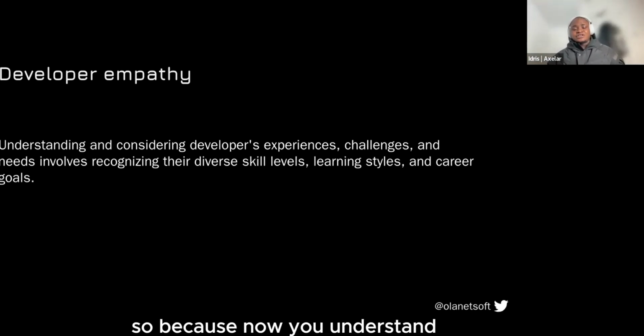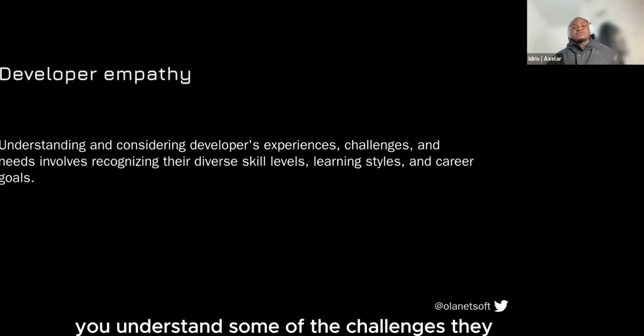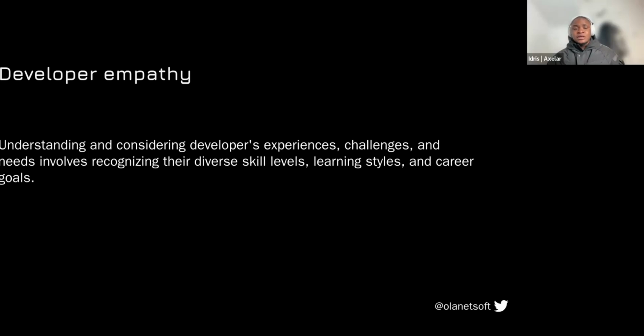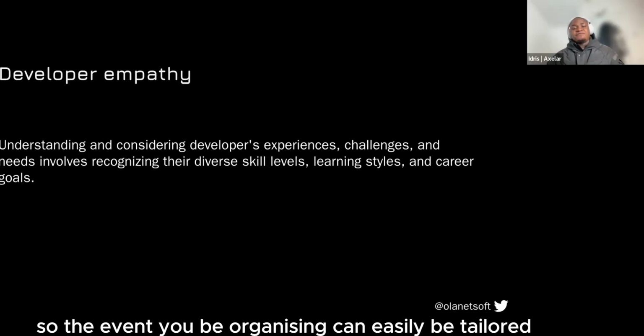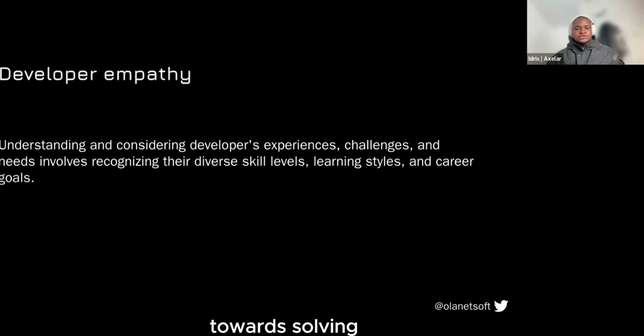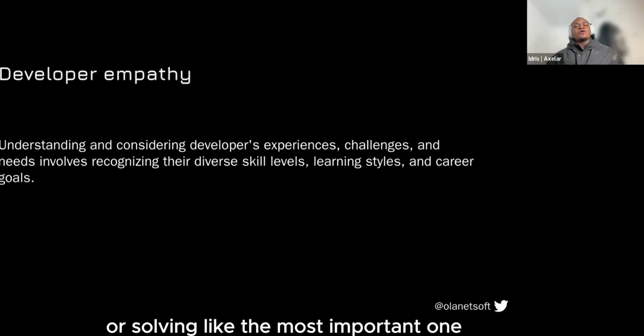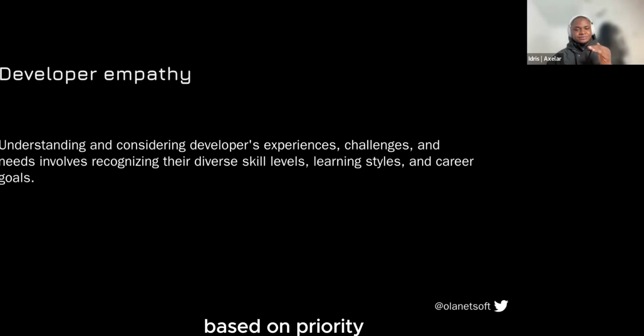Because now you understand the developer experience, the challenges they are going through, what they need to grow as developers, their learning style and their career goals, the event you'll be organizing can easily be tailored towards solving all of these problems, or solving the most important one based on priority.